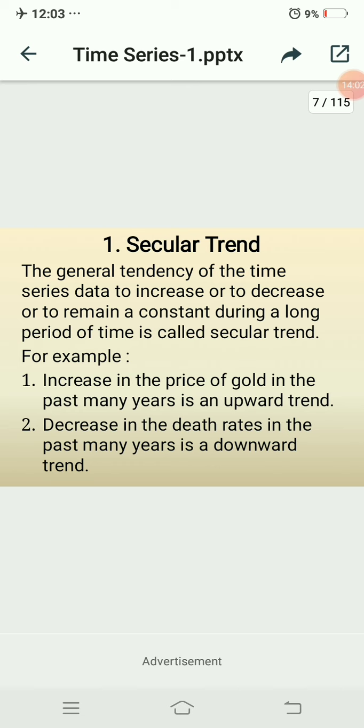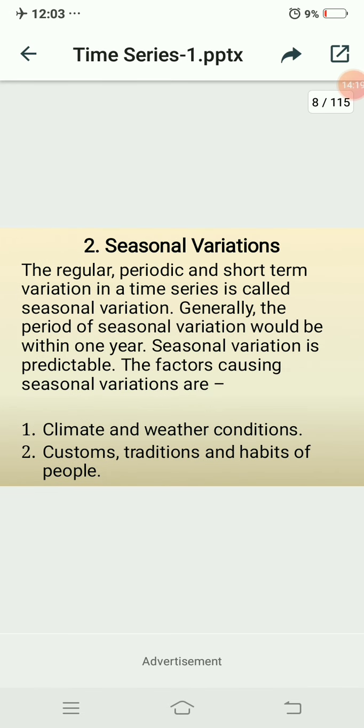These two examples show long-period constant values, because the gold rate is always an upward trend, and the death rate is also an upward trend over the past many years. Next comes the seasonal variation.